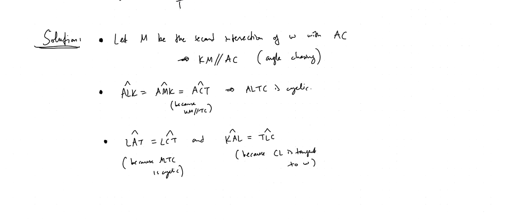So when we add them, this is KAT. KAT equals KAL plus LAT, which is equal to TLC plus LCT, which is equal to the complement of LTC, which is LTB.